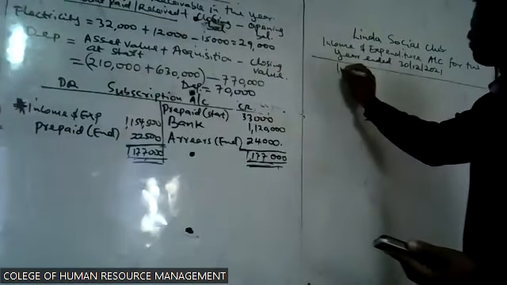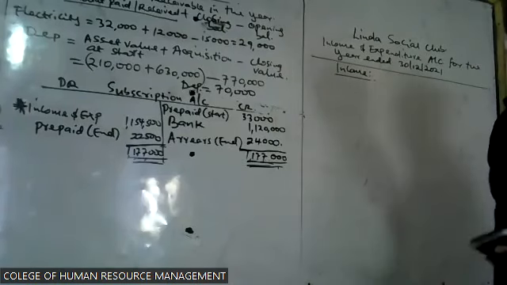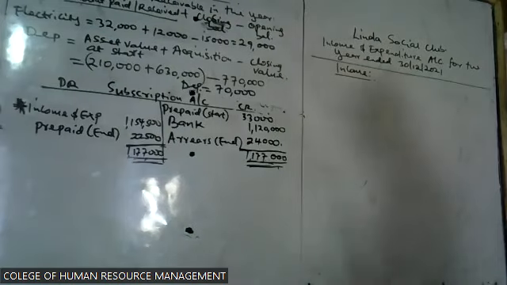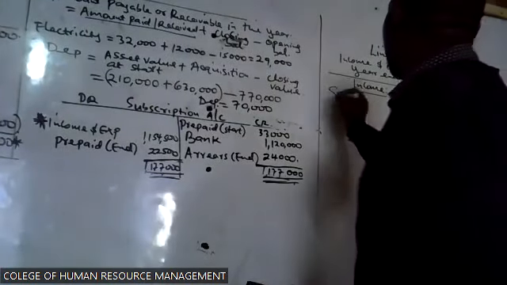Very simple. You come here and you note the income. What are the sources of income? One was subscription.